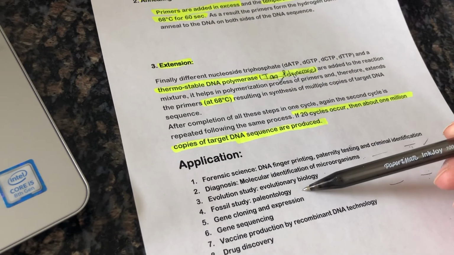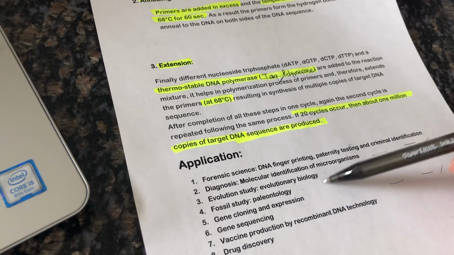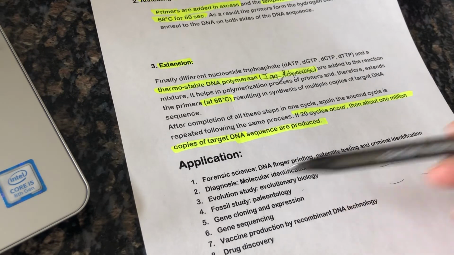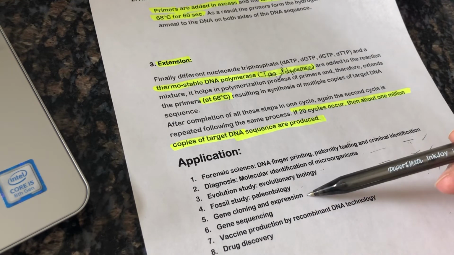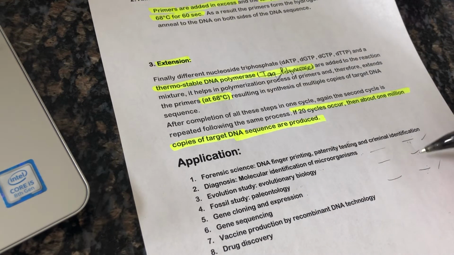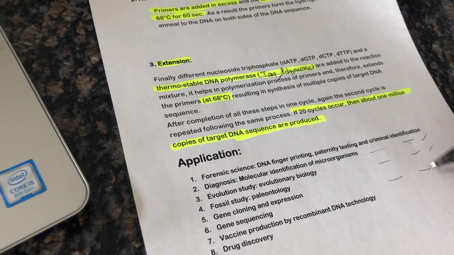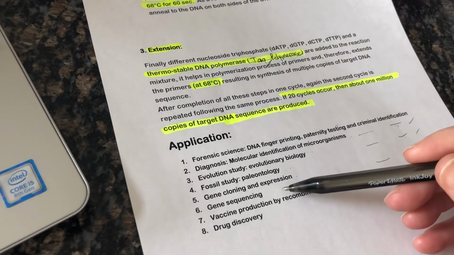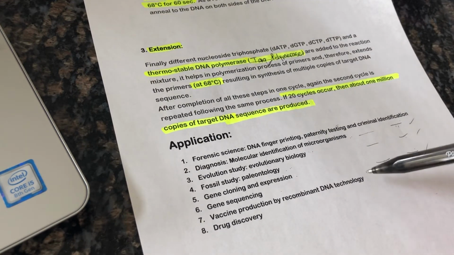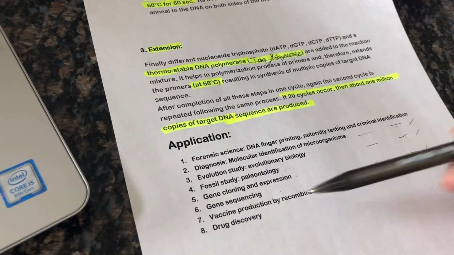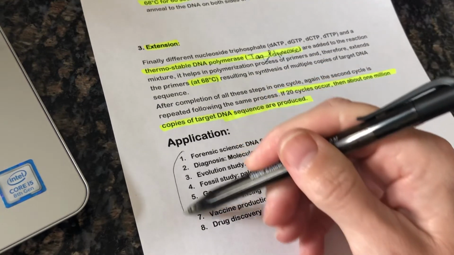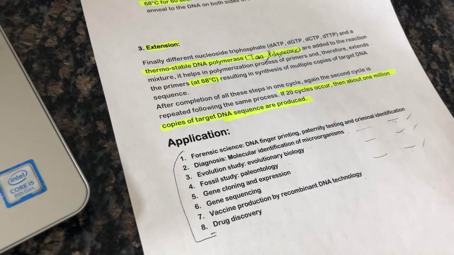Fossils, okay, looking at paleontology, very similar, okay, but you can get DNA from fossils. Gene cloning and expression. So if you want to clone, you want to see if you've made all the DNA possible. Gene sequencing, okay, vaccine production, I'm just reading these as well as you could, and drug discovery. So these are all applications of how PCR can be used, okay, in all these different areas.